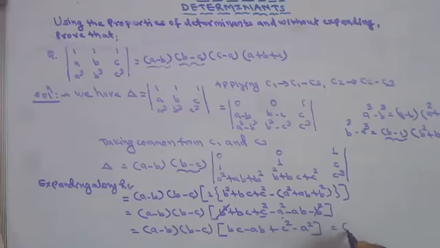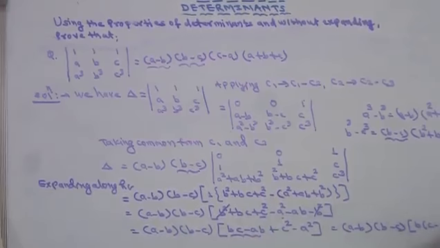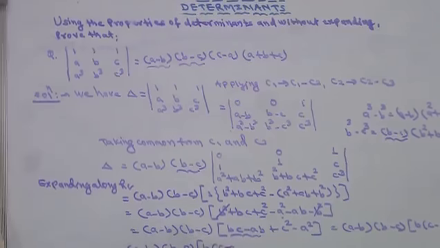So that equals (a − b)(b − c) in the bracket, taking b common from bc − ab, I get b(c − a), plus c² − a², whose factors are (c − a)(c + a).